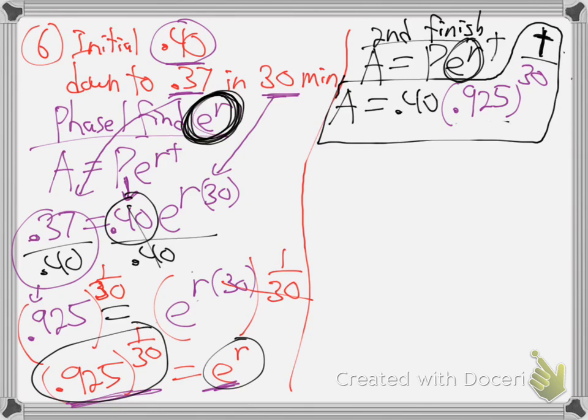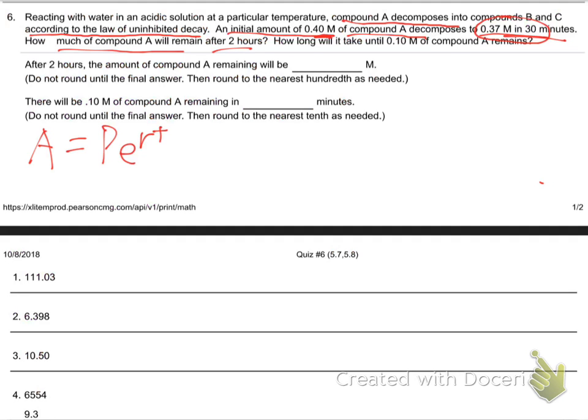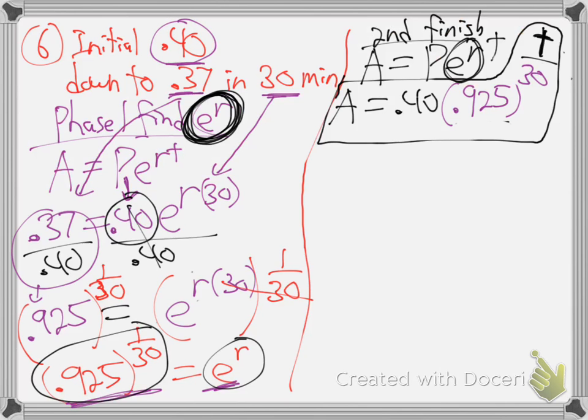Okay, so what do they want from us? They want to know, after 2 hours, how much remains. So t equals 2 hours. That means just plug in 2.